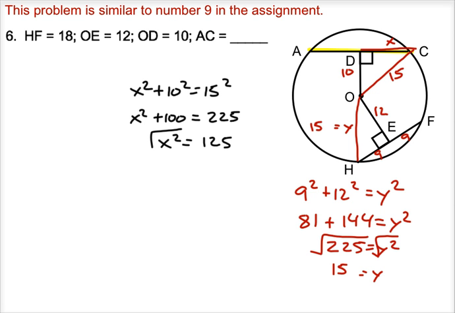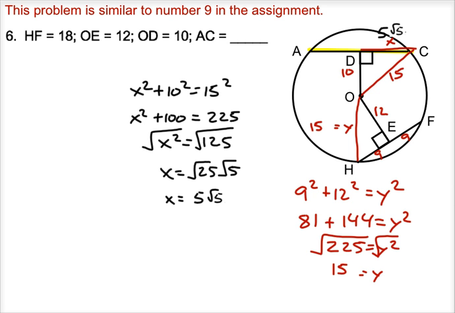Square root each side. And then let's see, square root of 125 I can split into square root of 25 and the square root of 5, which is going to give me 5 square roots of 5. So I know that my piece right here, x, is 5 square roots of 5.